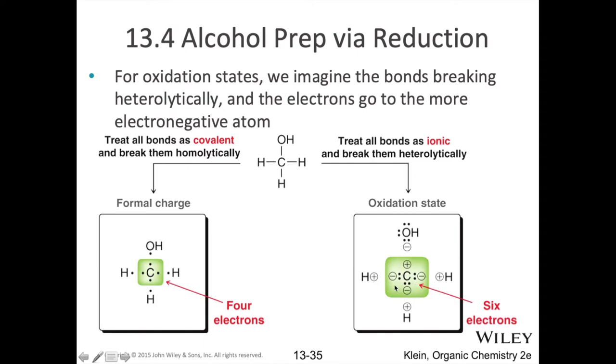And so we have 6 electrons on our carbon, and therefore it has a -2 oxidation state there. So our oxygen and our carbon both have -2 oxidation states, and our hydrogens each have a +1 oxidation state.